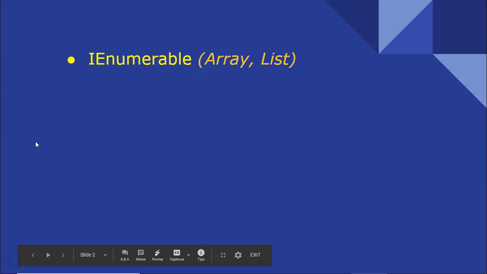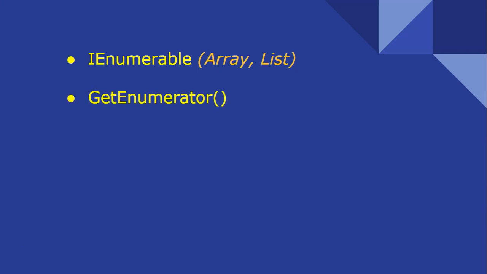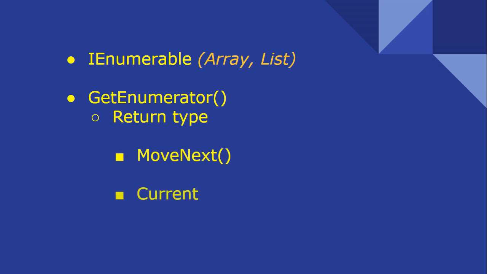So this is how it is. Arrays and lists implement IEnumerable. Now if you have any type which has a GetEnumerator method, and the return type has a MoveNext method and a Current property, you will be able to work with it in a foreach loop. So let me show this in action.